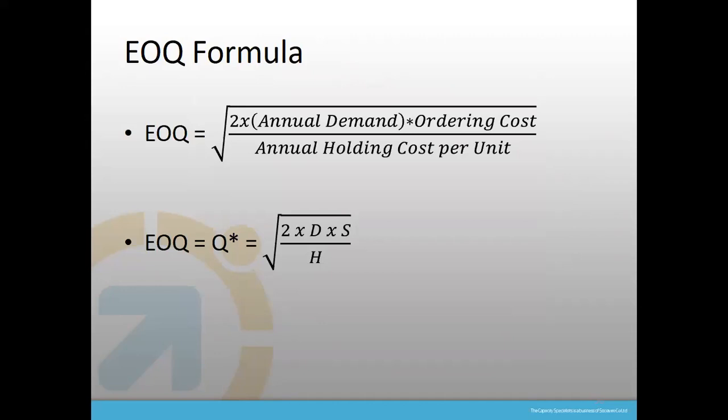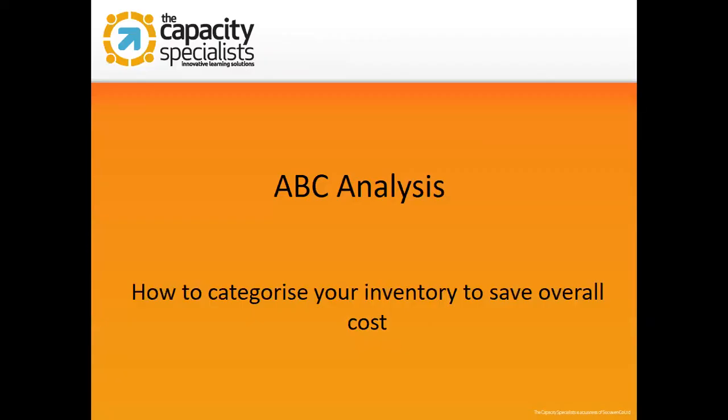Now let's go further into how we can use this. What we do is we categorize our inventory. We call this an ABC analysis. You may have heard the term ABC analysis used in many different contexts.